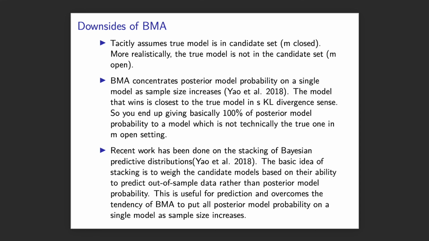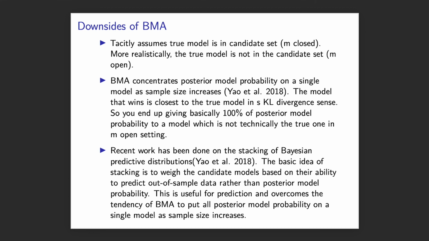Here are the things to not like about Bayesian model averaging. Here are some downsides. First off, as elegant as it is, and as much as I like to use it, and it's been helpful for me at times in my career, it tacitly assumes the true model is in the candidate set. We call that M closed, right? So basically what we said is preposterous. We said, I'm trying to decide which of 16 models describe whether a female crab is going to have more potential mates, and I really think the true model's in the set.